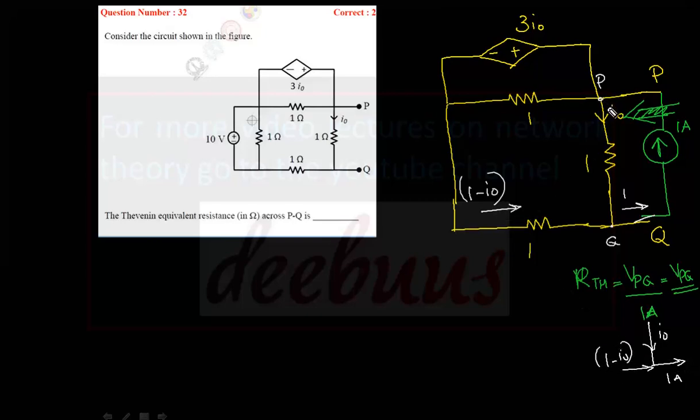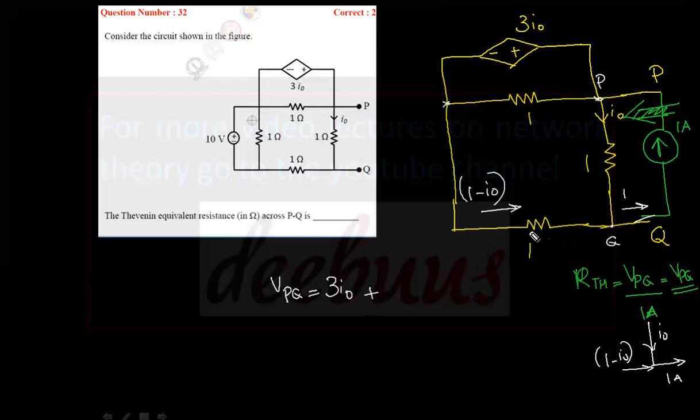Now we can actually write the voltage expression, right? Voltage across PQ equals voltage across this resistance. Fortunately, the voltage across this resistance is given as the dependent source, that is 3I0, plus the voltage across this 1 ohm.